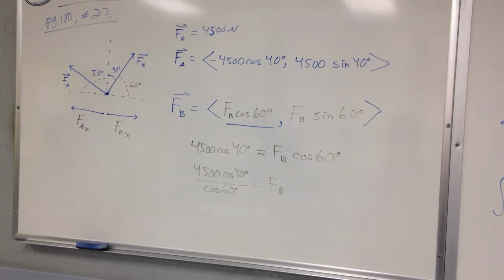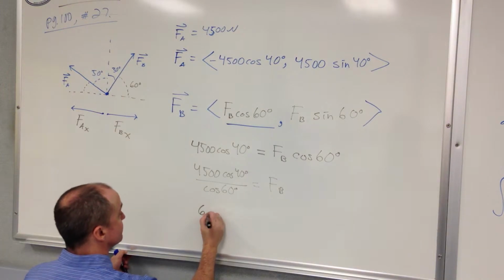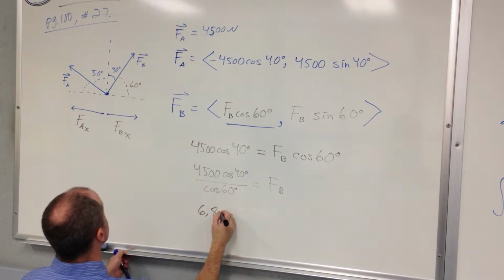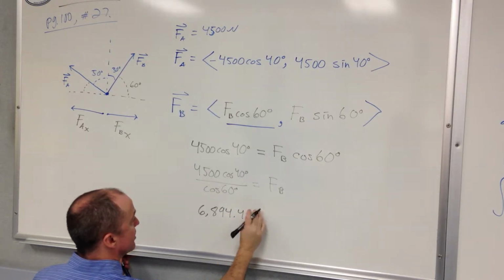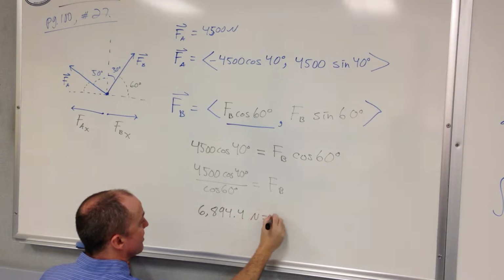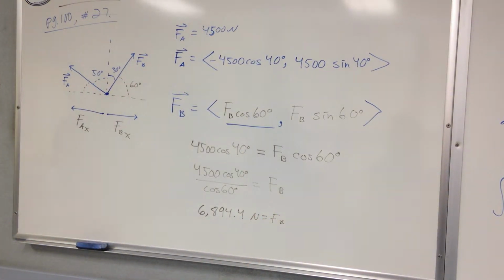That would be 6,894.4 newtons. That is going to be your force of B. It does make sense that it should get bigger, because it has to compensate for the bigger degree of that other force.